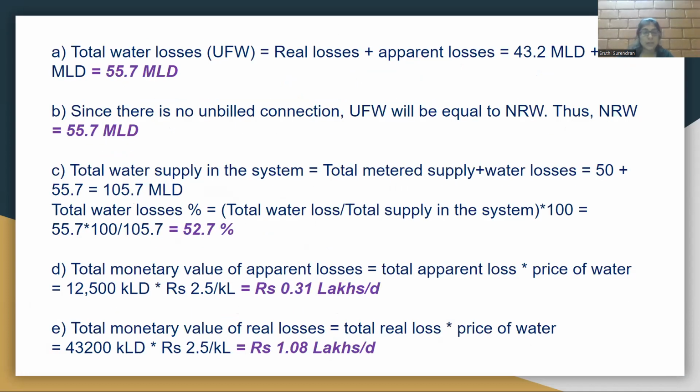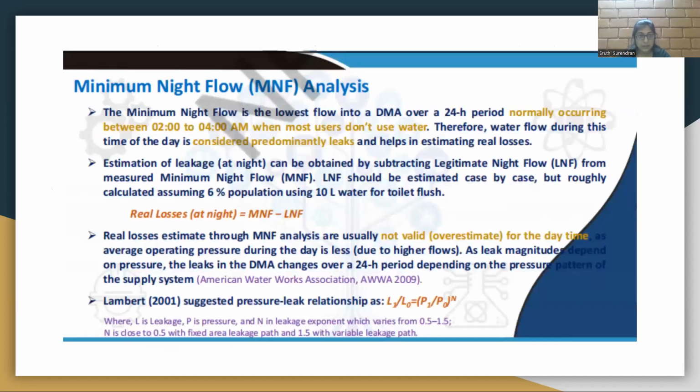It's not the total water that we are consuming that is used as the system input volume. It's the total water entering the system, which also includes the water that is leaked off. So that value also should be added to the consumption water to get the total system input volume, and that is what you have to use as the SIV value.